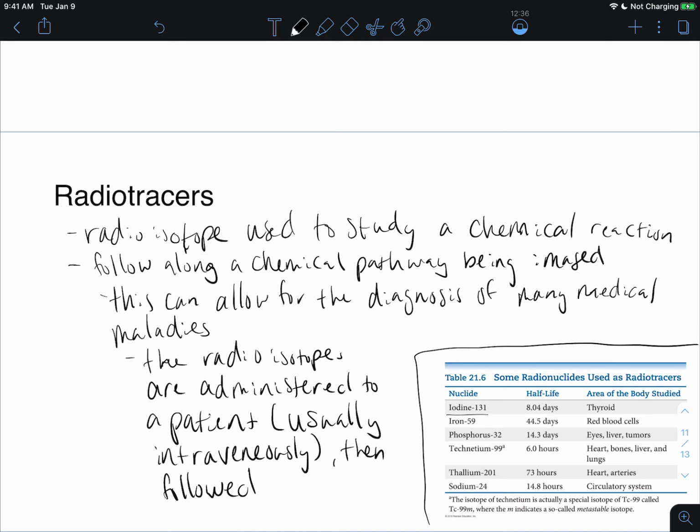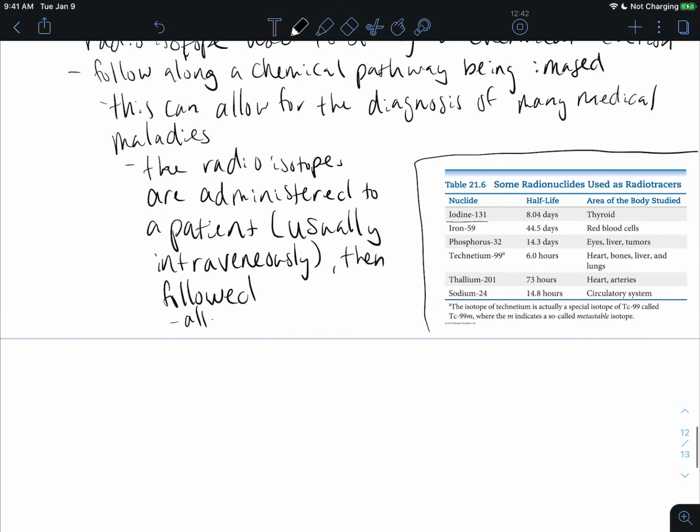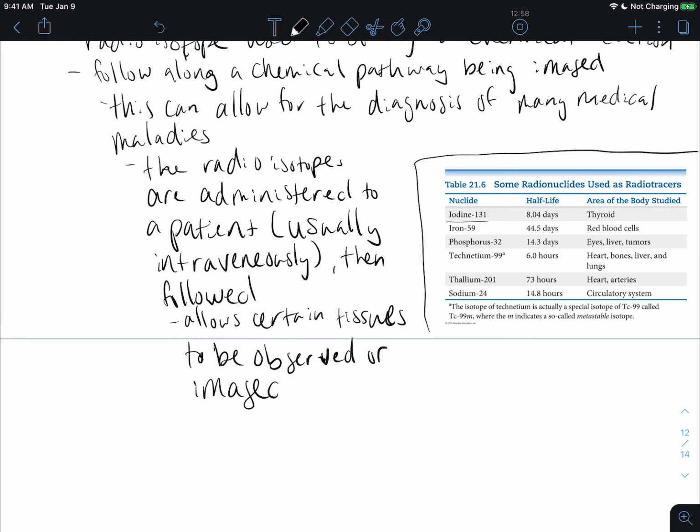And like I said, it allows certain tissues to be observed or imaged. Okay, and that is everything.